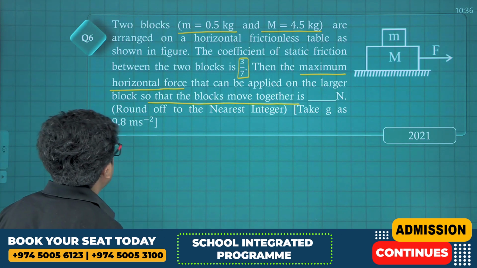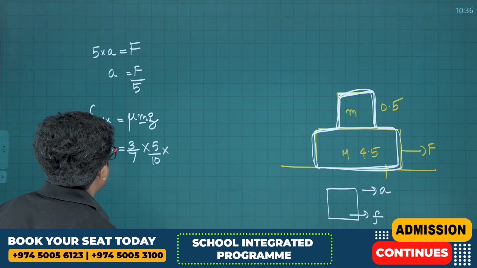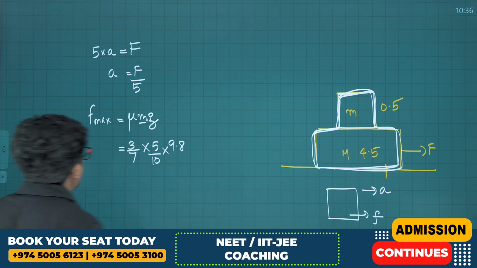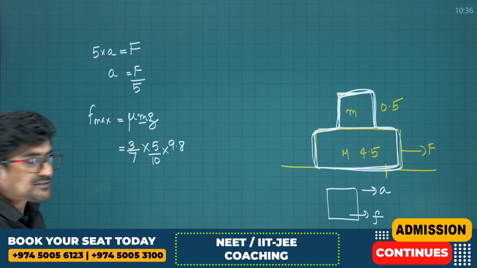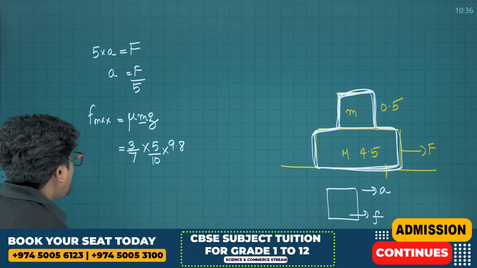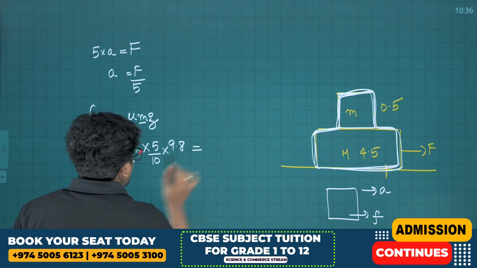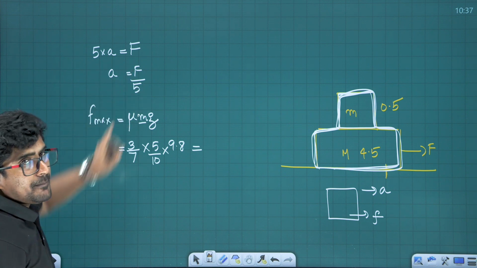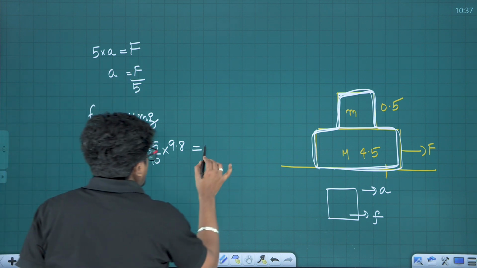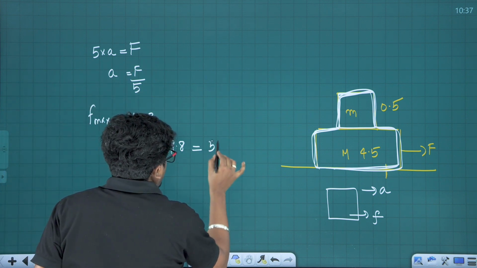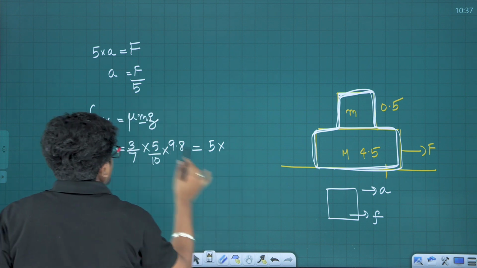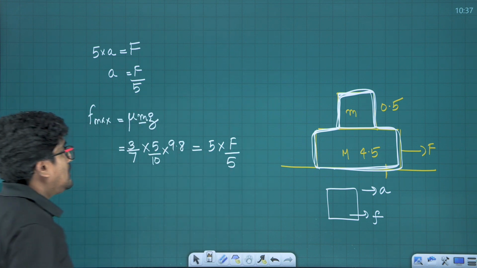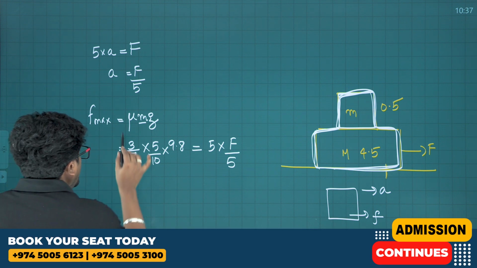And acceleration due to gravity, I am going to take it as 9.8. That is F max. And this F max is supposed to be equal to m into a. That is small letter m, that is 0.5. What is a? a is F by 5. I believe you are getting it.